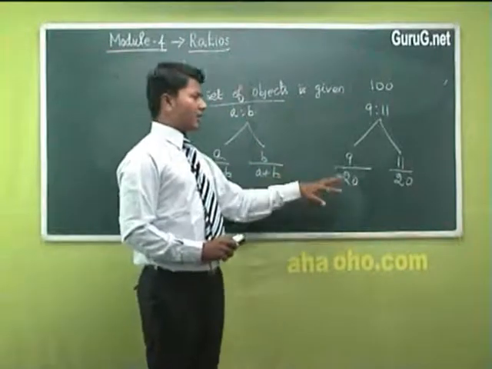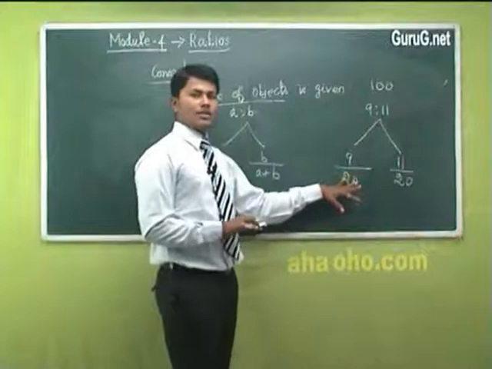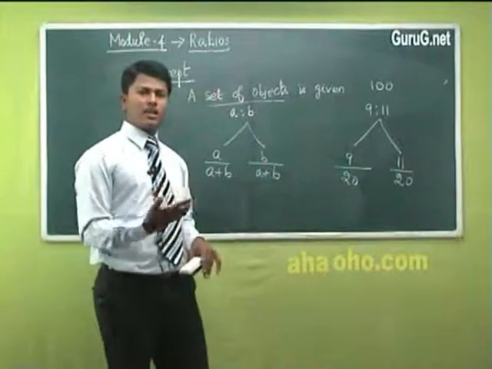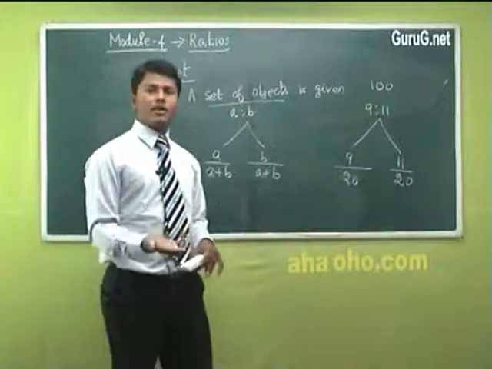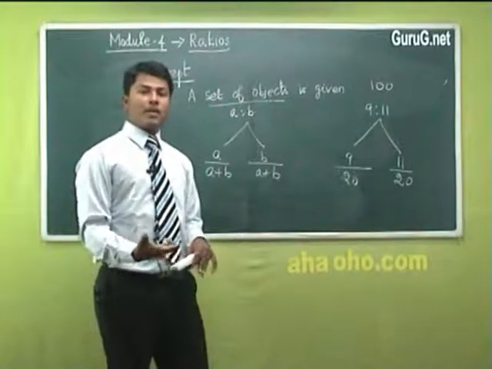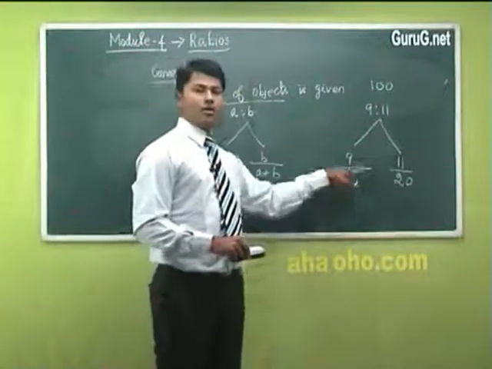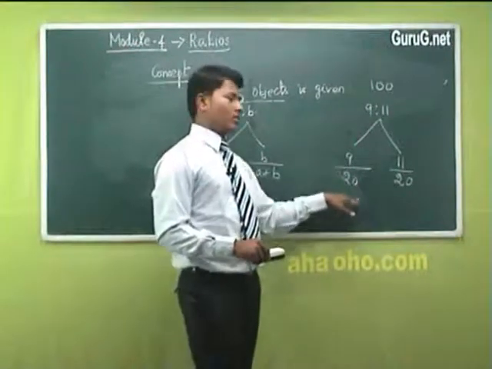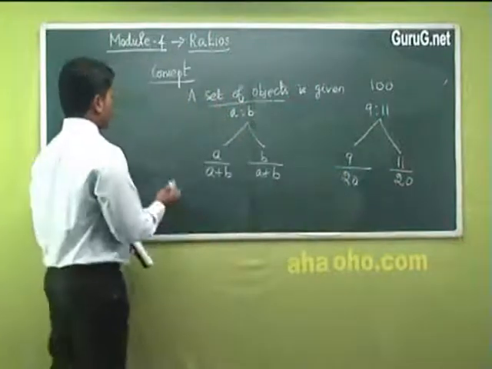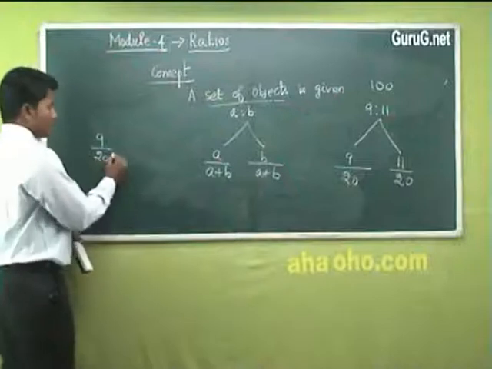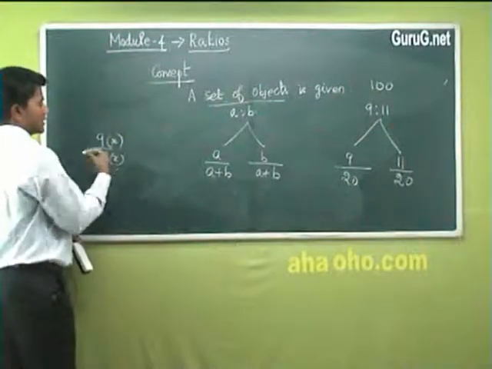But is it necessary that there should be only 20 students in the class? It is not so. There can be any number of students, say 40, 60 or 50, whatever it is. But whatever may be the case, it is nothing but a constant multiple of this particular ratio. It can be, say, 9 by 20. If there are 40 students in the class, multiply by x.